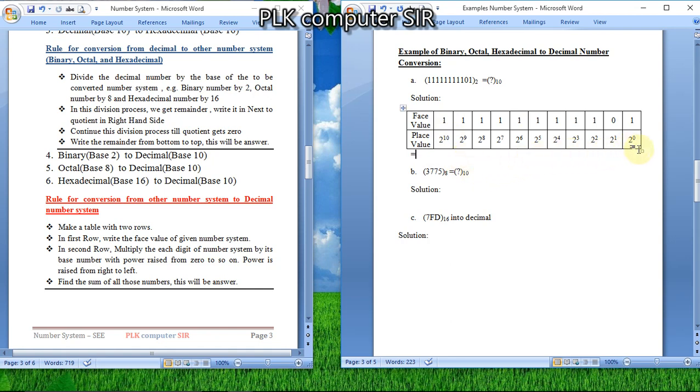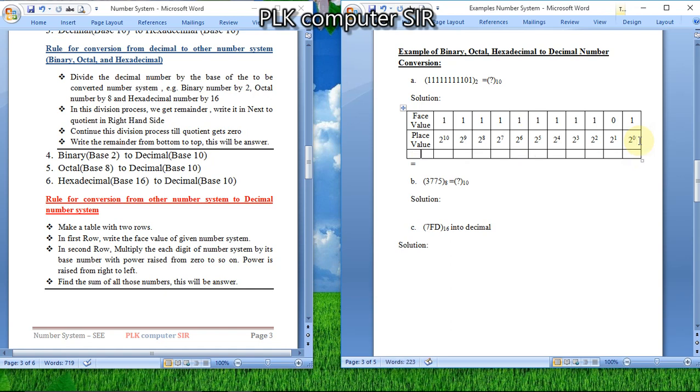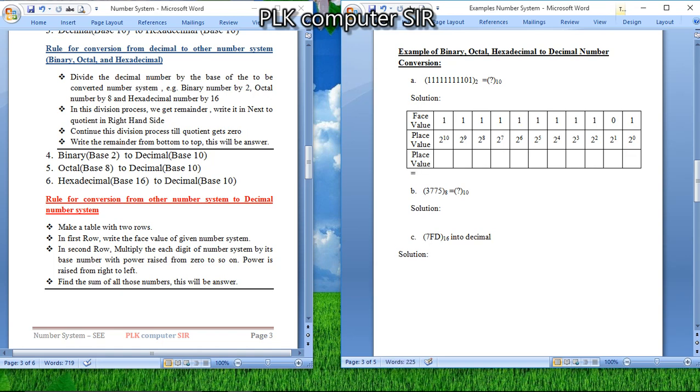My dear students, if we do one more thing, then it will be easier, I think, because writing powers takes more space. So I will write the same thing here, the place value. I will repeat it for easiness, because if we write it here it will take time.